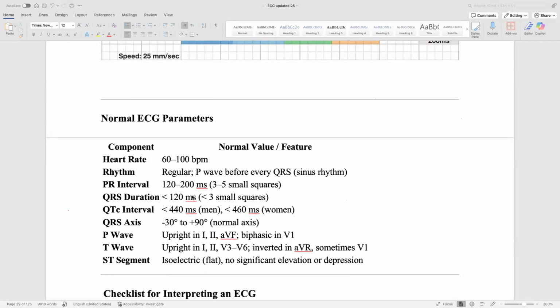Then the rhythm. The rhythm means there is a P wave before every QRS.